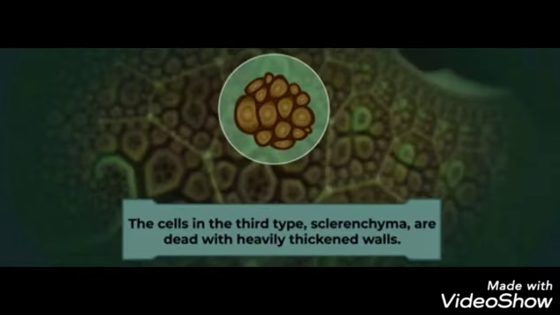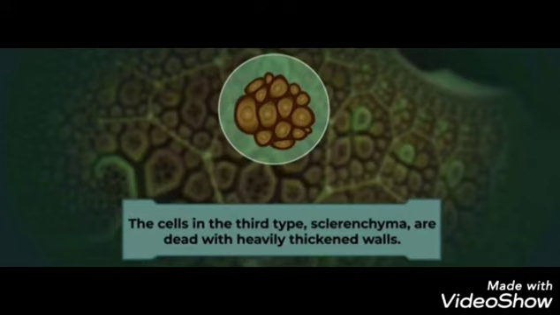The next and the last type of simple permanent tissues are sclerenchyma tissues. Now, unlike the other two types, the sclerenchyma tissues are made up of completely dead cells having heavy thick walls.